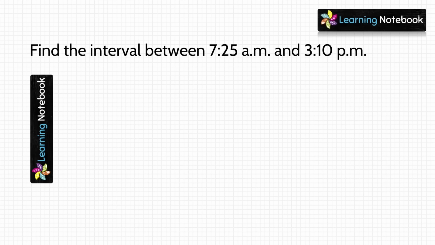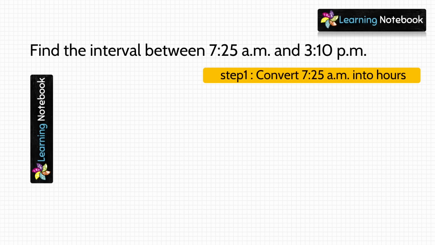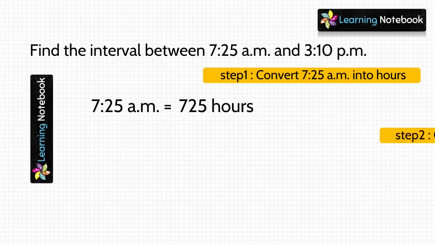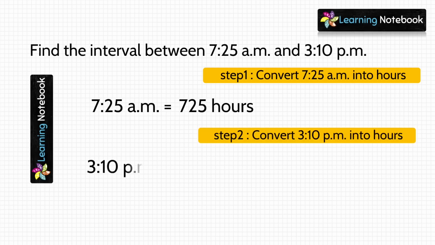So again, to simplify, let's first convert both these times in hours, or we can say in 24-hour clock time. So 7:25 a.m. would be equal to 725 hours. Similarly, 3:10 p.m. would be equal to 1510 hours.